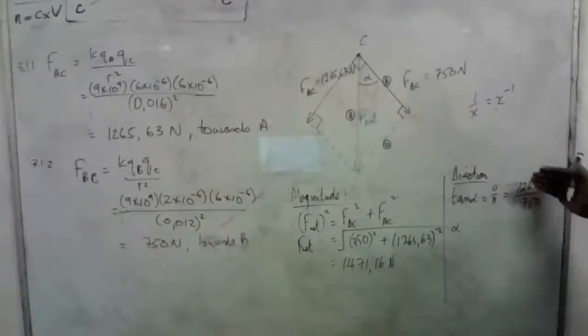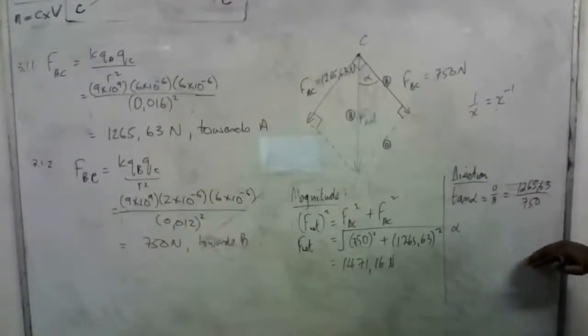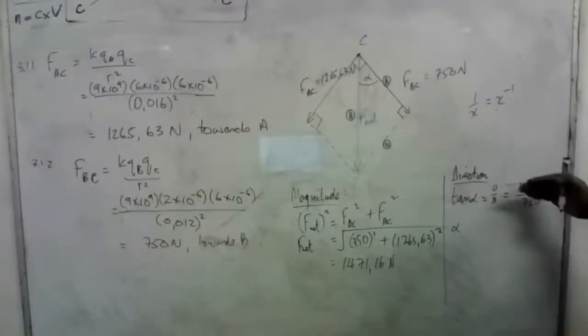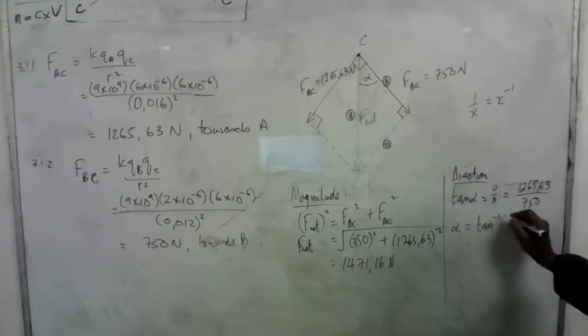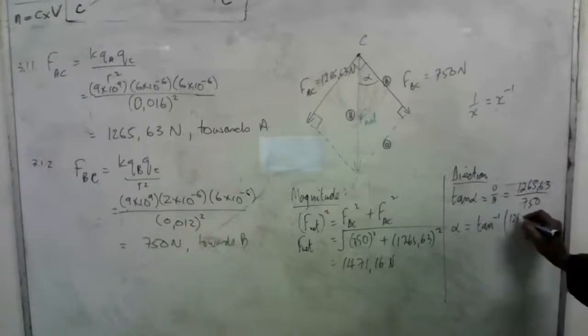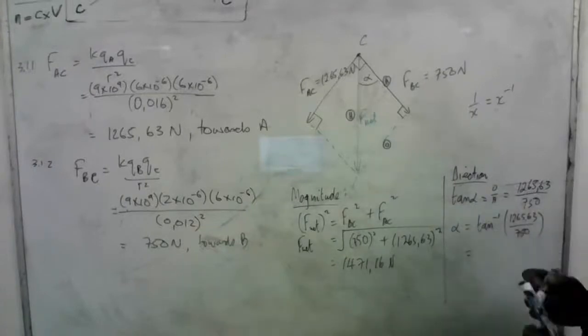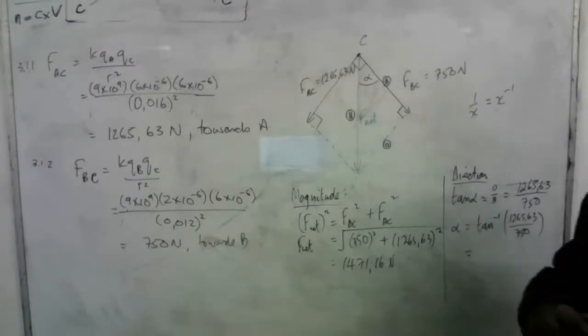So in this case, if tan is at the bottom, then I now want to bring tan into the numerator, then that becomes tan to the minus 1 of 1265,63 divided by 750. And that is what we're now going to punch on the calculator.